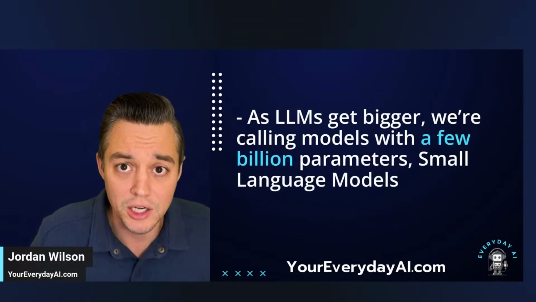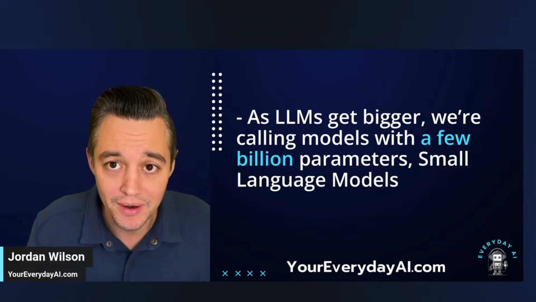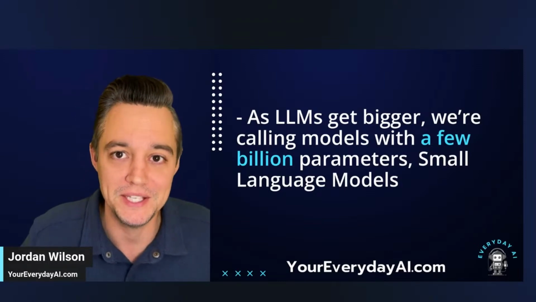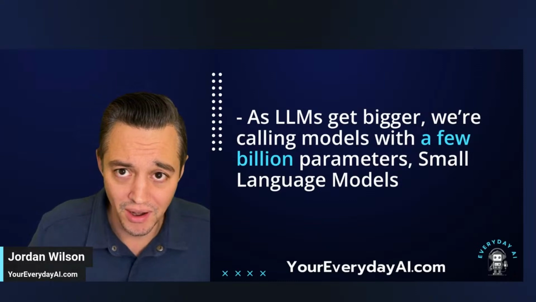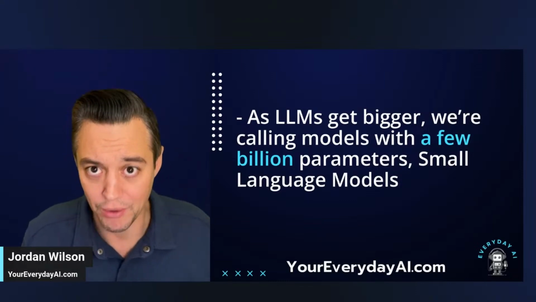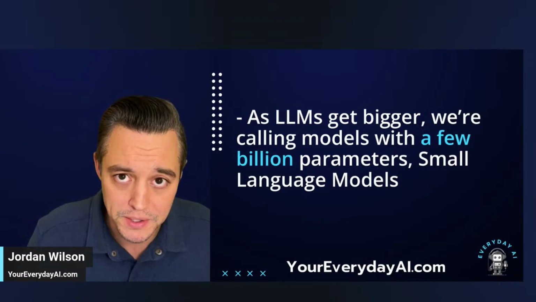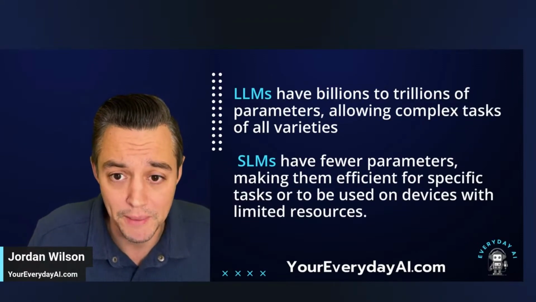As large language models like GPT-4 get bigger and bigger, right? When we jumped up from GPT-3.5 to GPT-4, as the large language models get bigger, we're starting to call other models small, comparatively, right? So it's important to know, and it's all kind of judged by parameters. We're going to get into here in a second what those parameters are and what they mean.